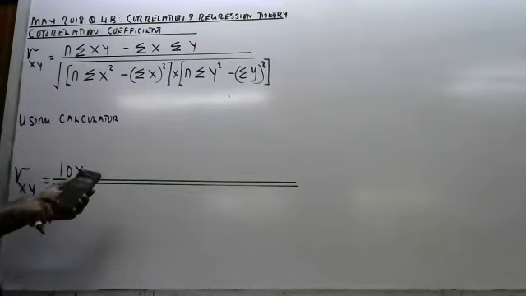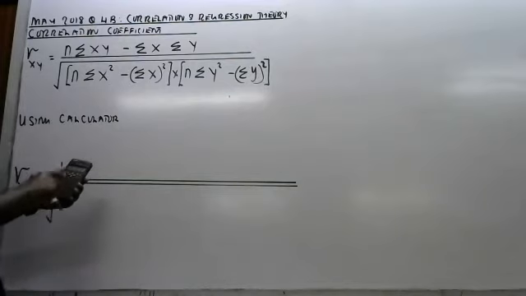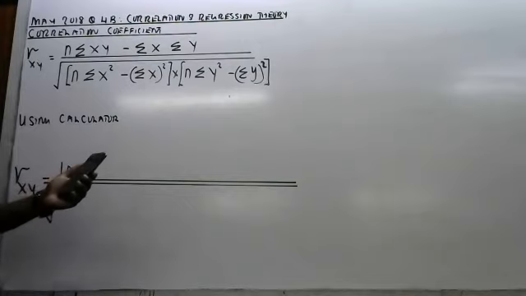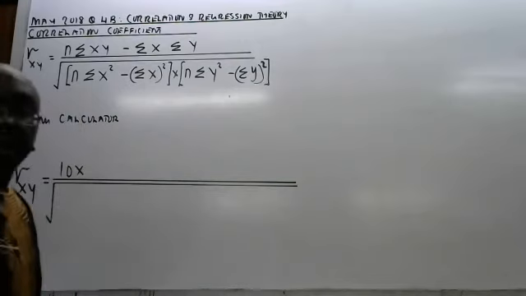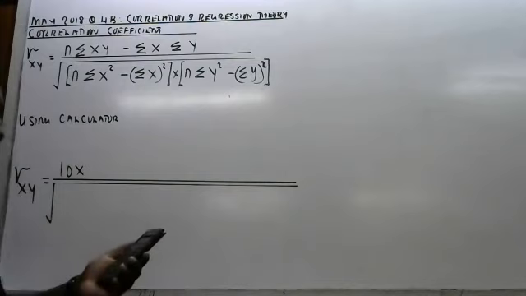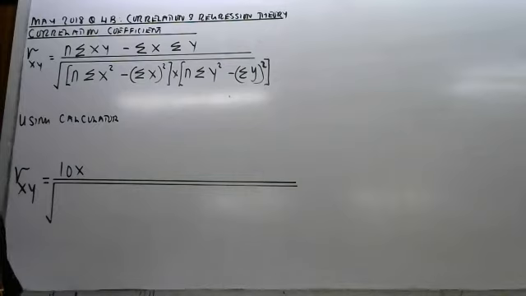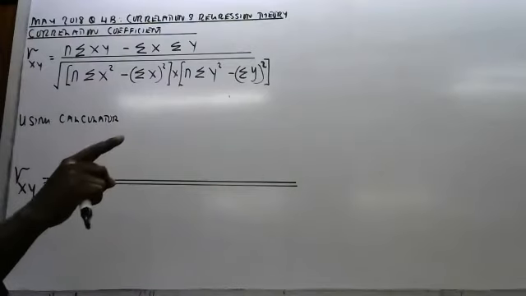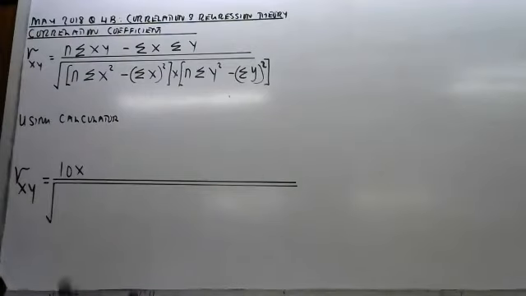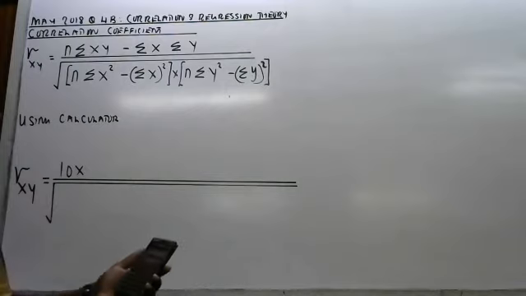So shift button number 1. Find sum of XY. Send me the answer. Sum of XY, what are you getting? Shift button number 1. You will move forward to sum XY.